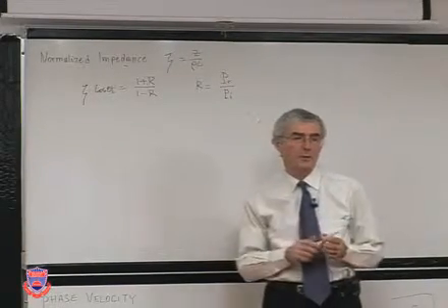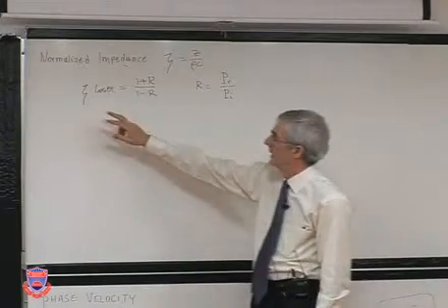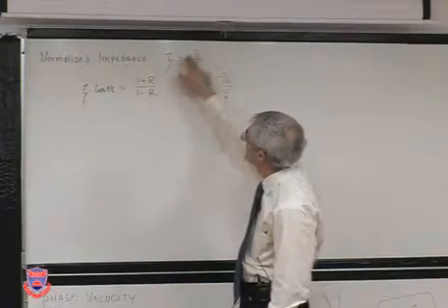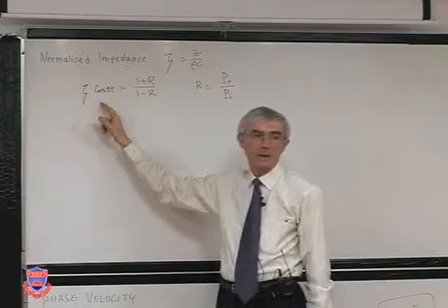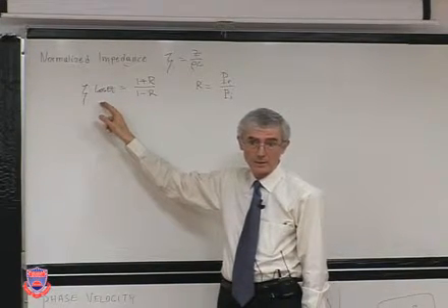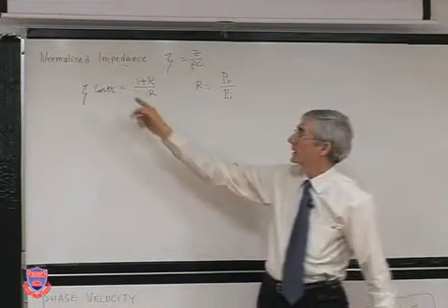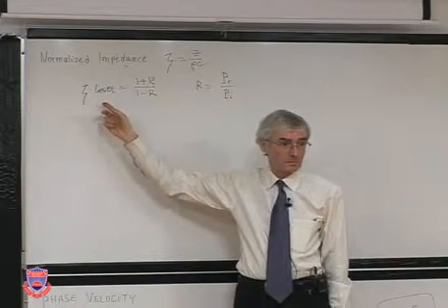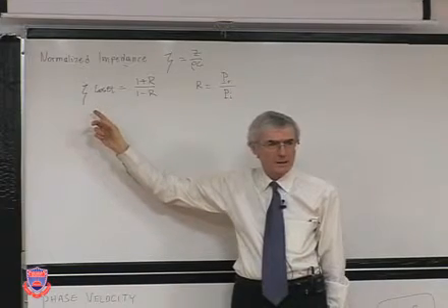There are different ways of looking at this. One is you see the normalized impedance here is modified. It's actually made smaller by the angle of incidence, because this can never be more than 1, but it could go down to 0. What does this mean?